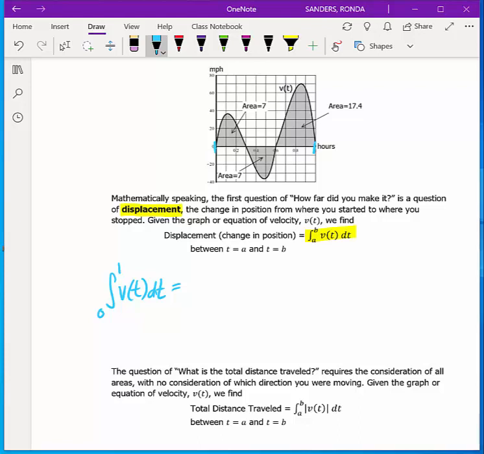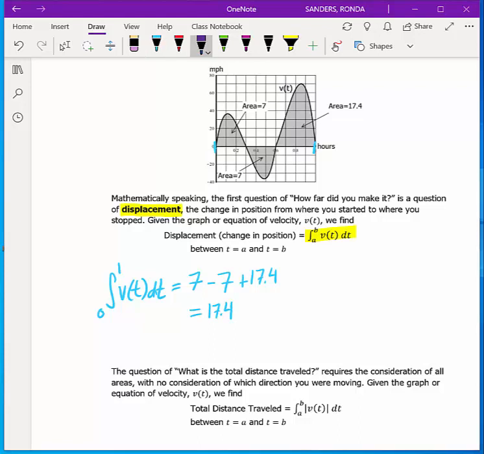So between 0 and 1, we have an area of 7 above the x-axis, an area of 7 below the x-axis, and an area of 17.4 above the x-axis. If we add those up, we get 17.4.